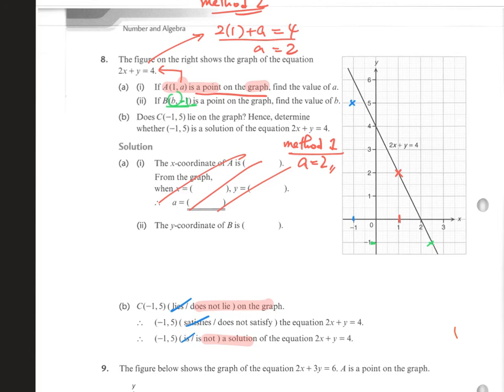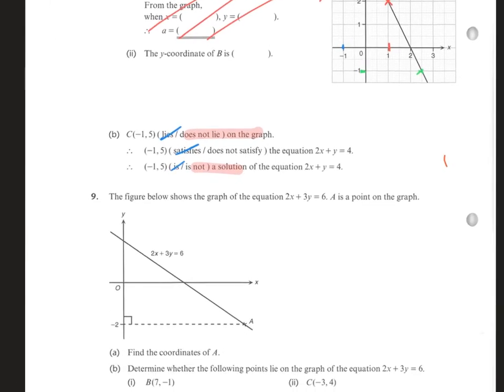Finally, we come to number 9. Let's highlight the keywords first. There's an equation, there's a point called A, and now when I read the point A, I know the y coordinate of it is minus 2, but the x coordinate, I don't know.